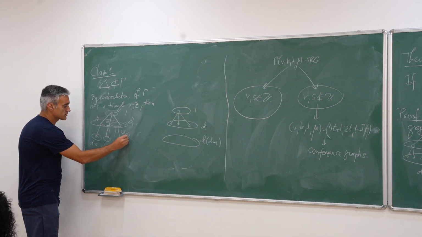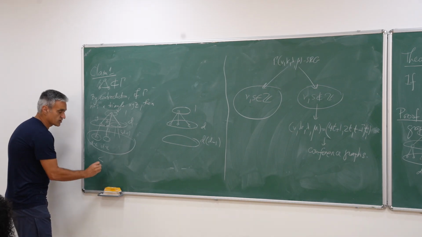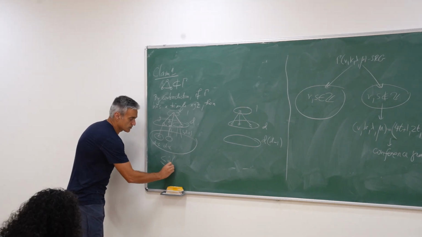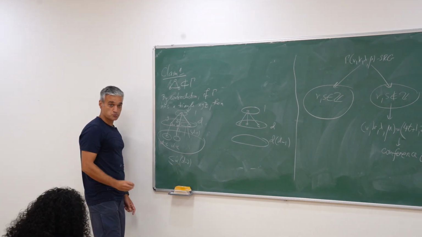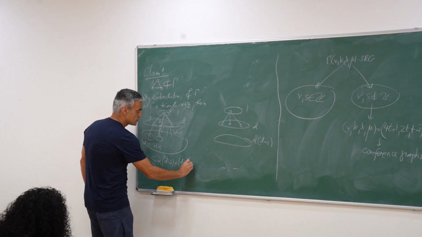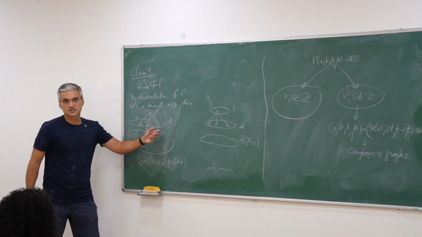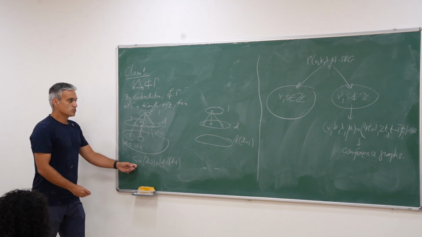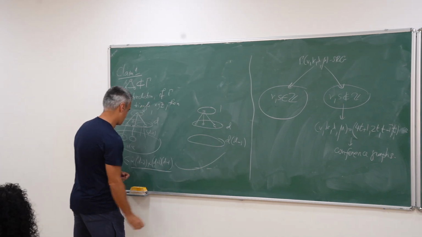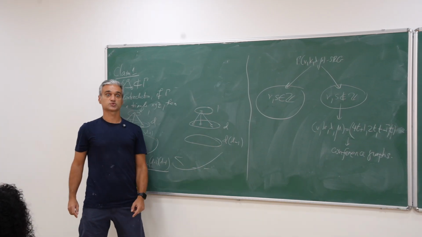But overall, the count will be strictly less than d times d minus 1.